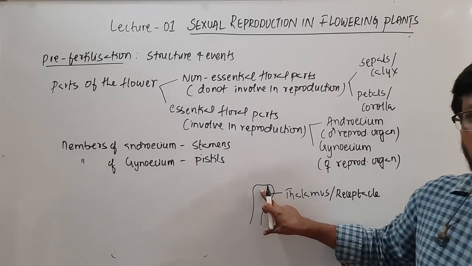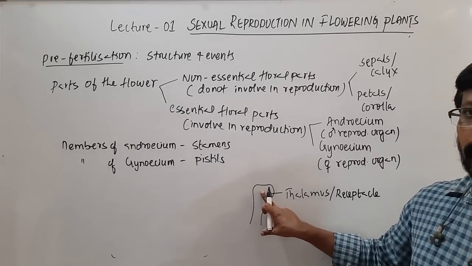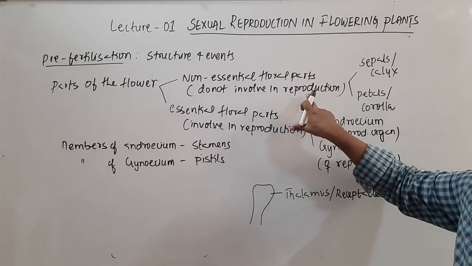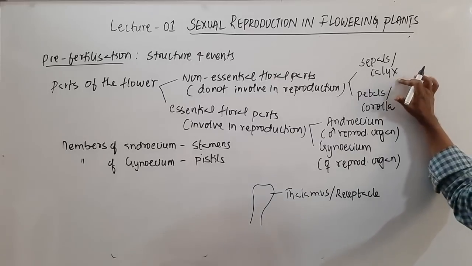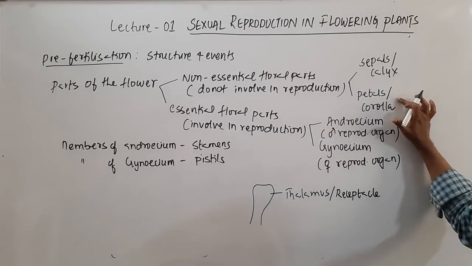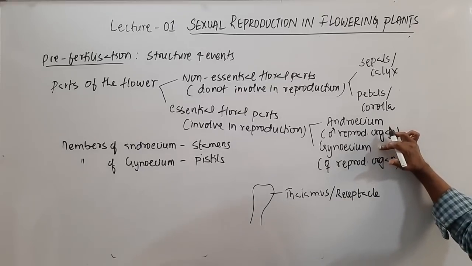Located on this thalamus we find four whorls. Each whorl is occupied by these parts of the flower: one whorl is occupied by sepals, another by petals, then androecium, and then gynoecium.